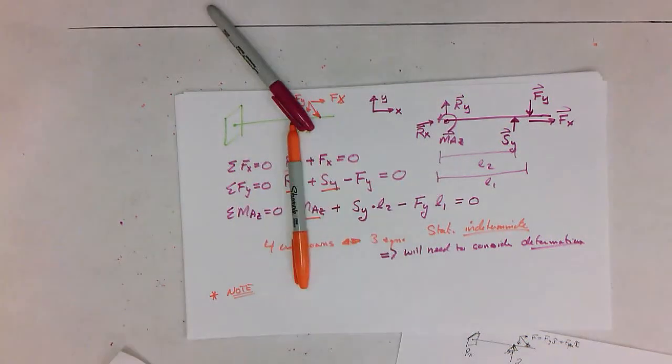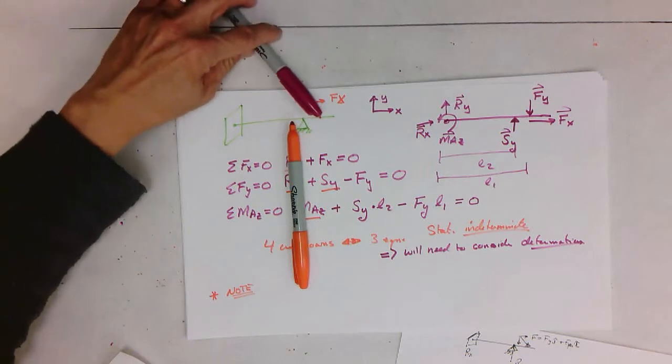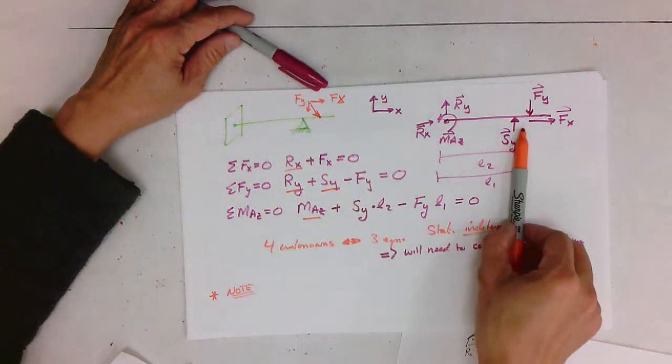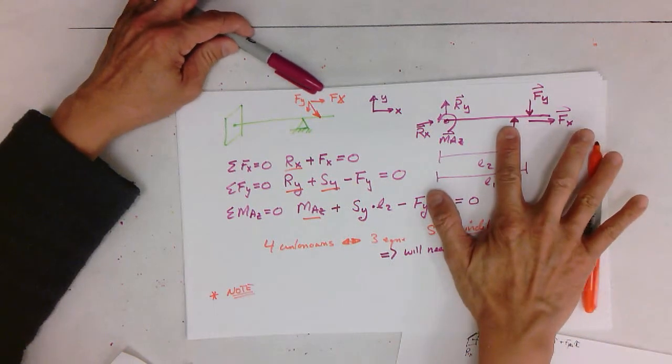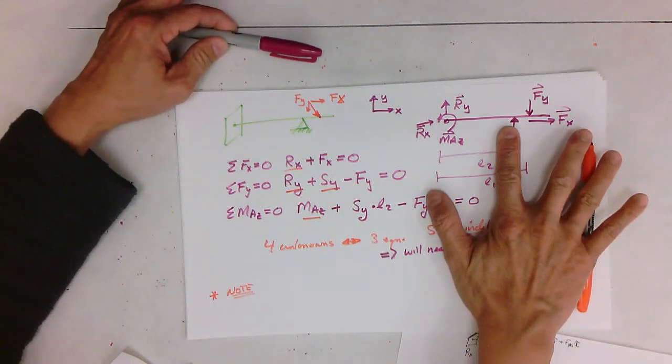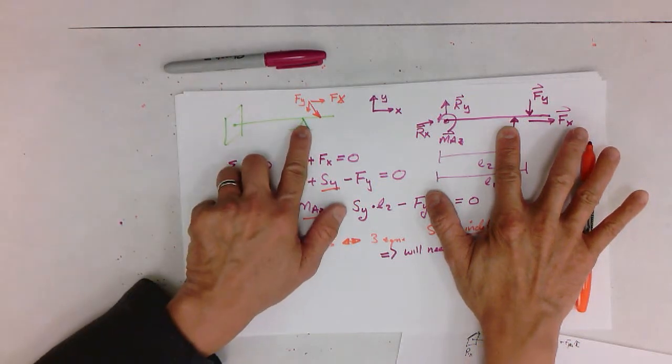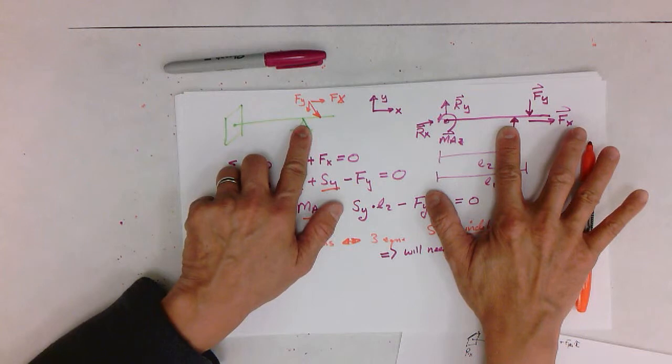I'm pushing down on it with some force in this direction. Imagine if I took away this support, essentially removing this as an unknown, is this system going to be in equilibrium? So if we took this away, we're back to our good old cantilever beam.